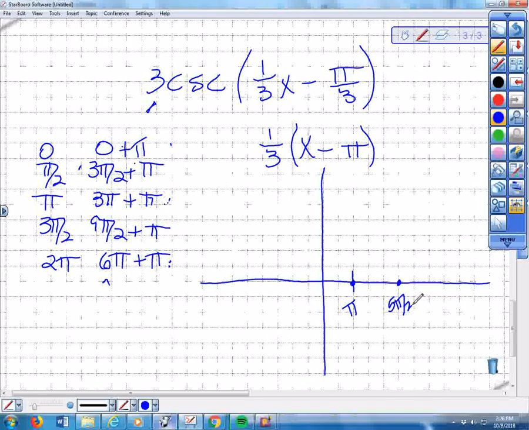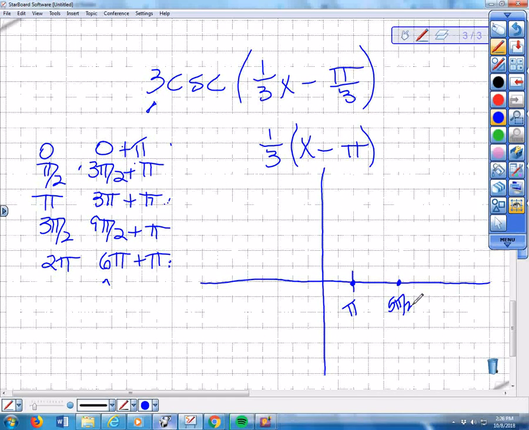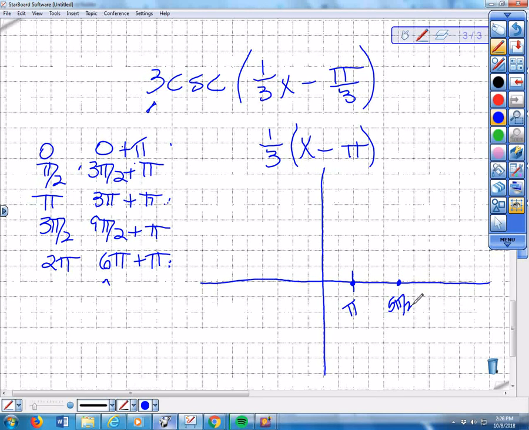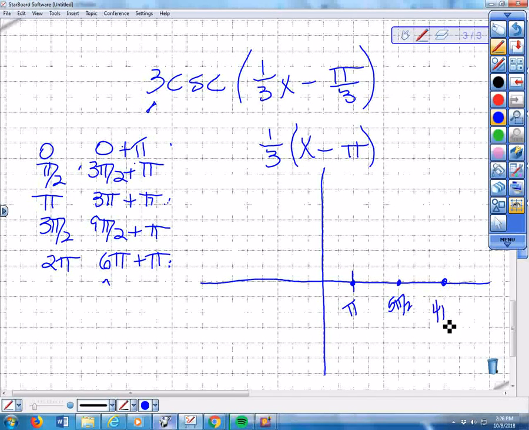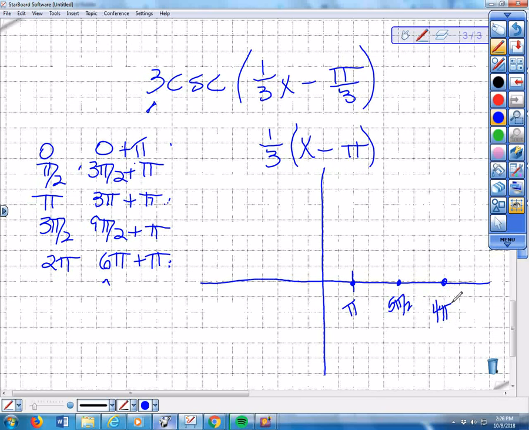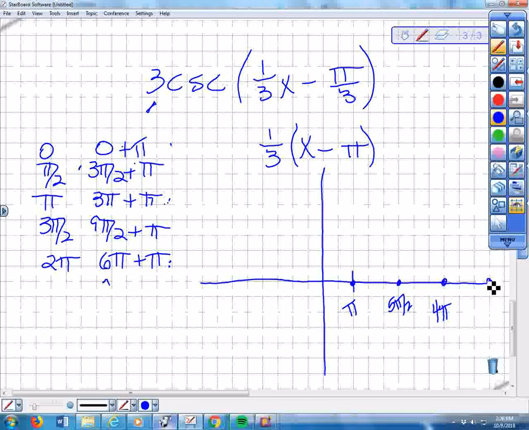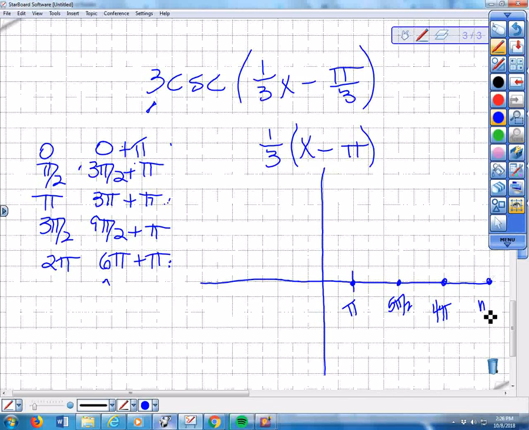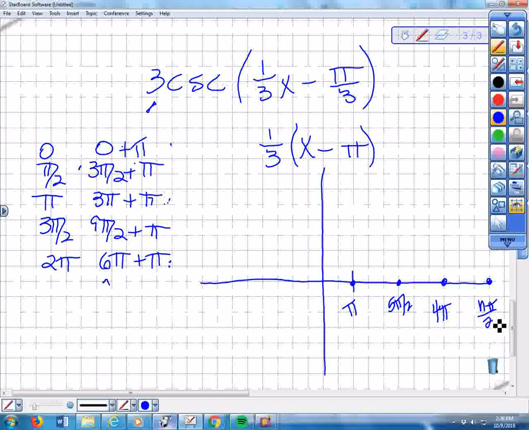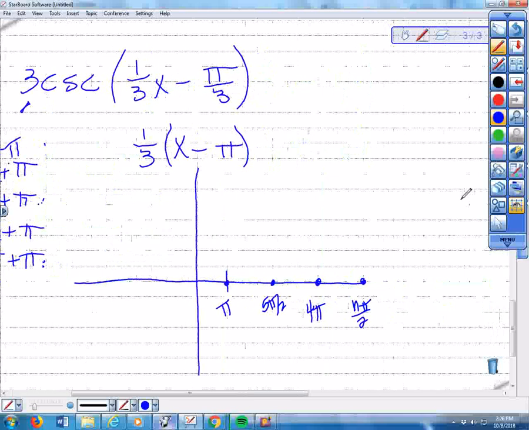Isn't that what you wanted to hear? 4 pi, which should be right here. And then I'm going to go 2.5 more to 11 pi over 2. And then I end up at 7 pi.